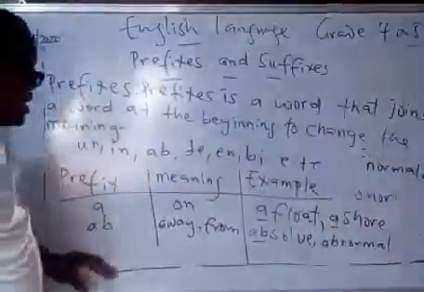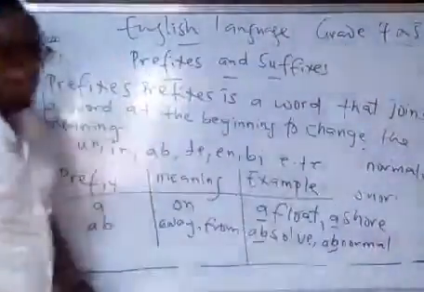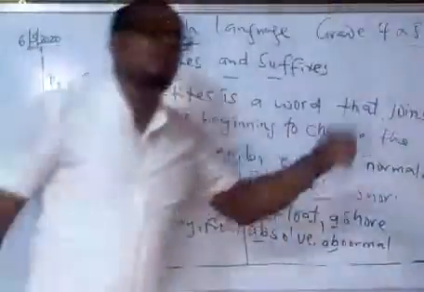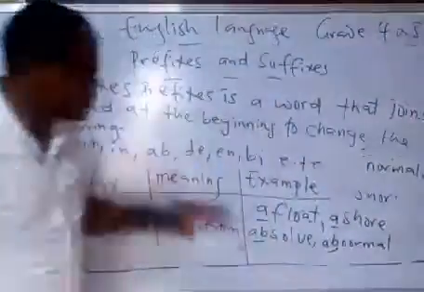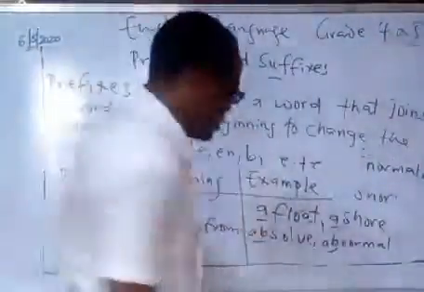Now you see that the prefix ab was added to this word normal, and it becomes abnormal. So these are examples of prefixes.